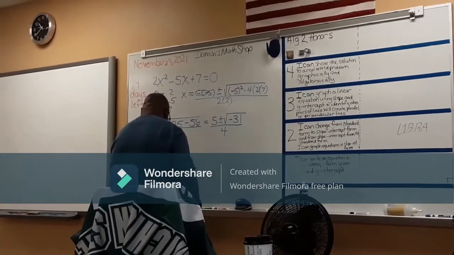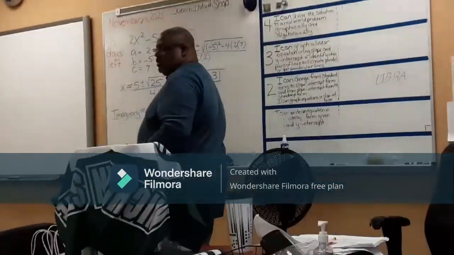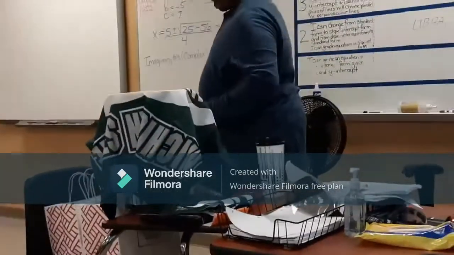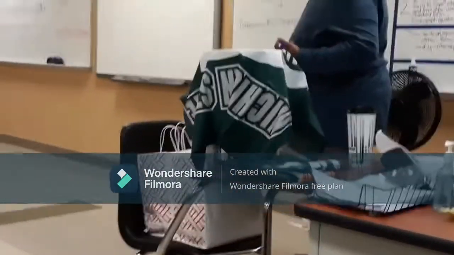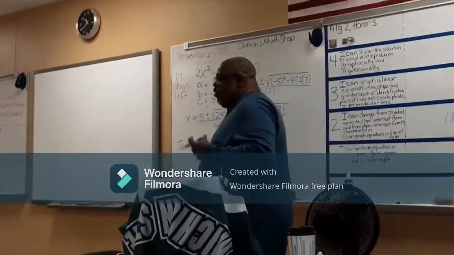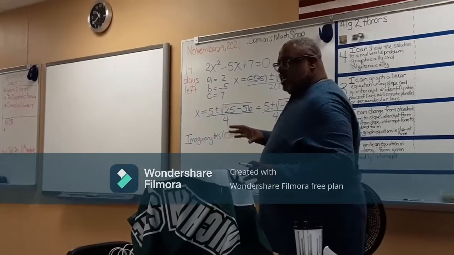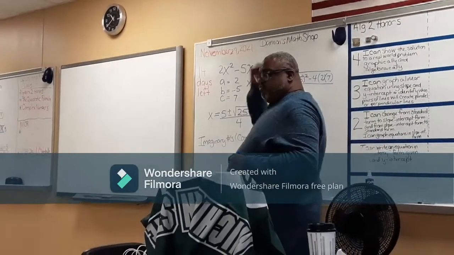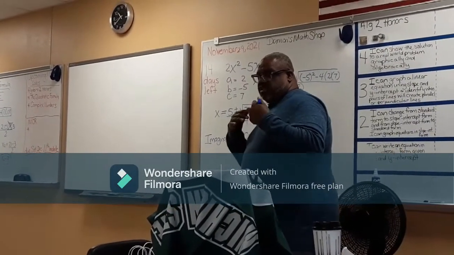I'm going to write in here the complex number system, because all these here are complex numbers. The reason why they're complex is because we don't know who made this up, where this came from. It just is.